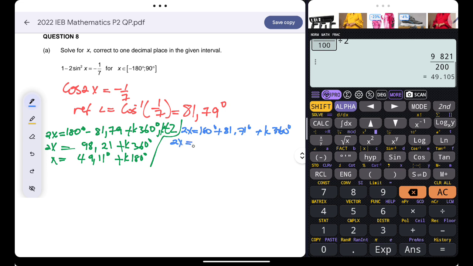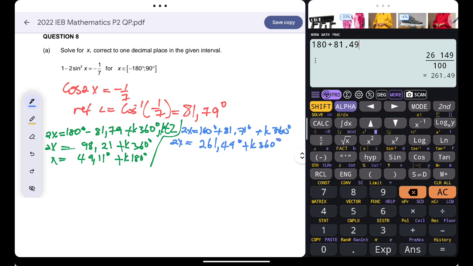So 2x is equal to 180 plus 81.79. I'll get 261.49 degrees plus k 360.